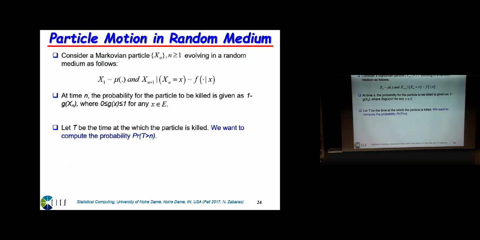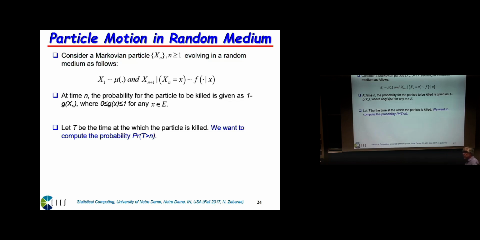We have our Markovian state again, all right? And I define a time n. The probability for a particle to be killed is given by 1 minus g of xn. Okay? So the word kill can mean different things. It can mean failure of a component in a dynamical system. The plane flies, right?